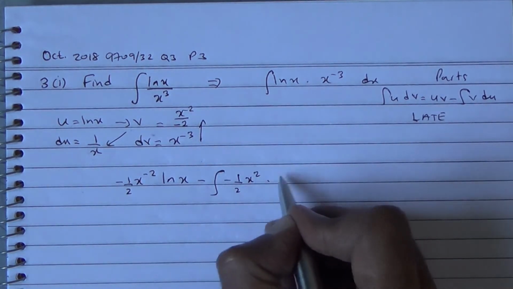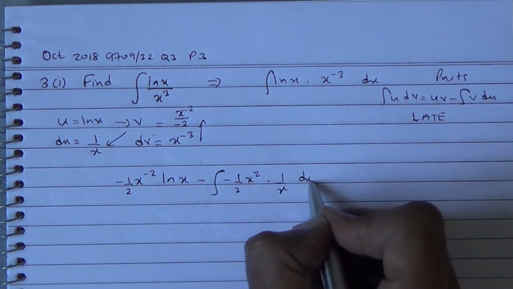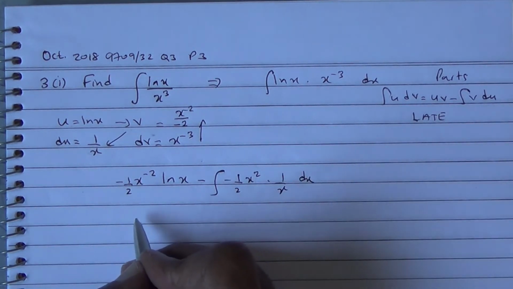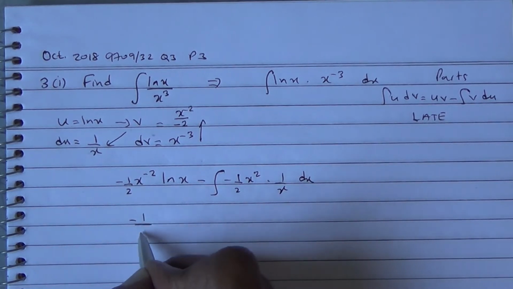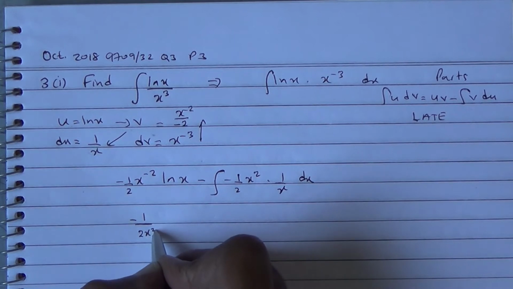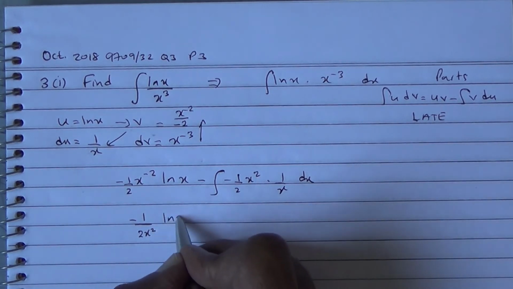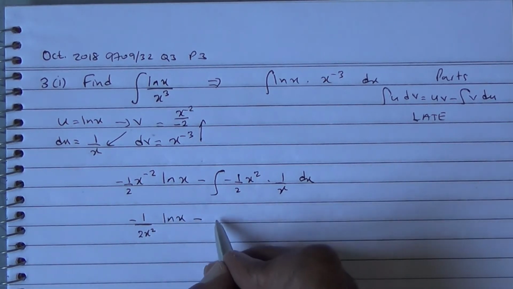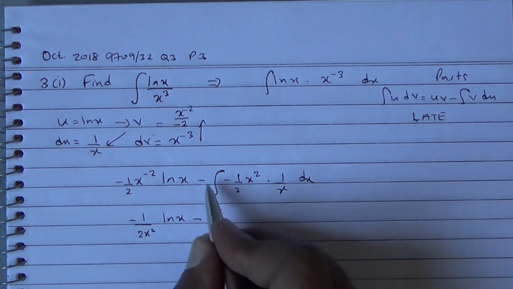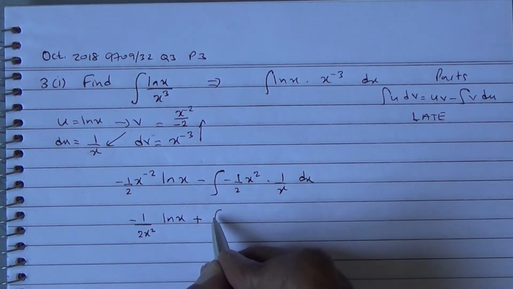Minus half x to the power minus 2 times du, 1 over x dx, and hence we've got minus 1 over 2x squared ln x minus the integral, minus becomes plus.